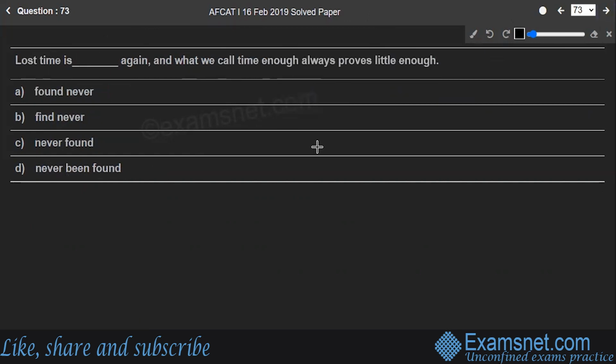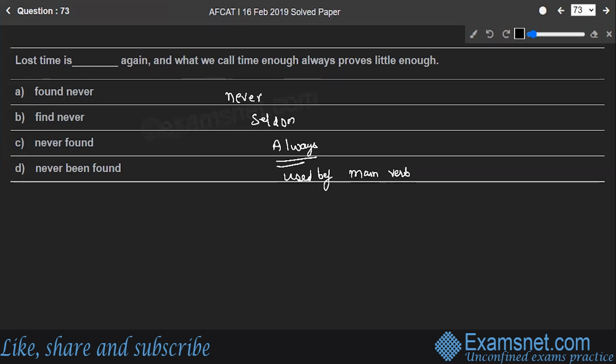Next is question number 73. Lost time is dash again, and what we call time enough always proves little enough. Options are found never, find never, never found, never been found. So whenever we use the words never, seldom, always, they are used before the main verb.